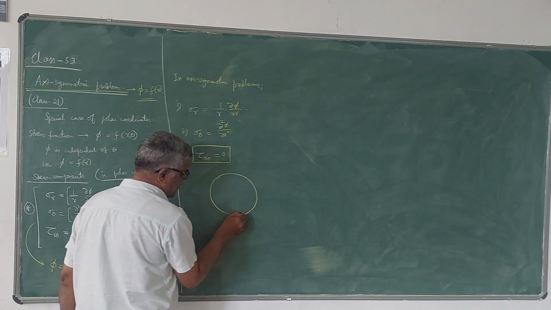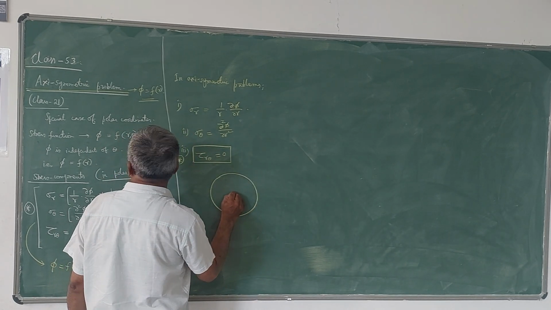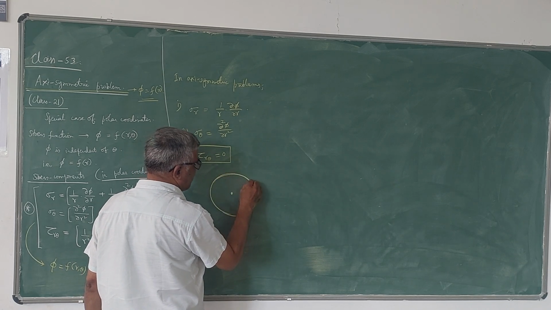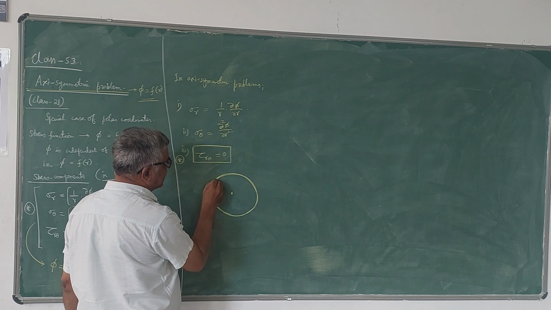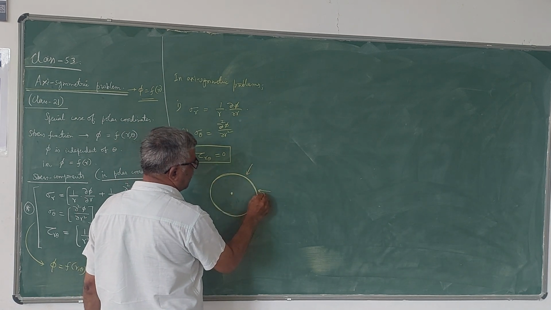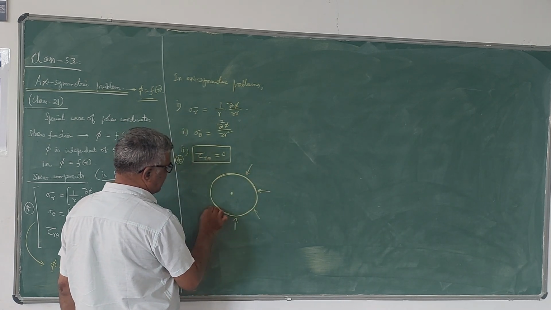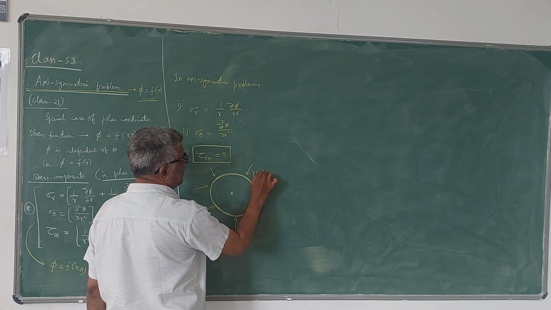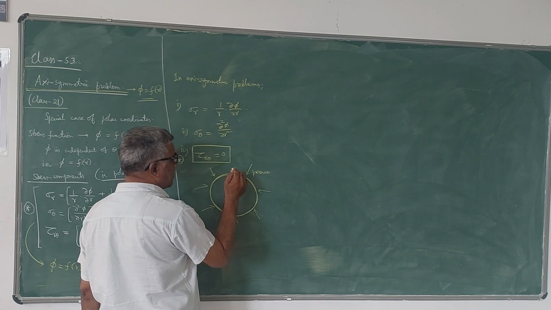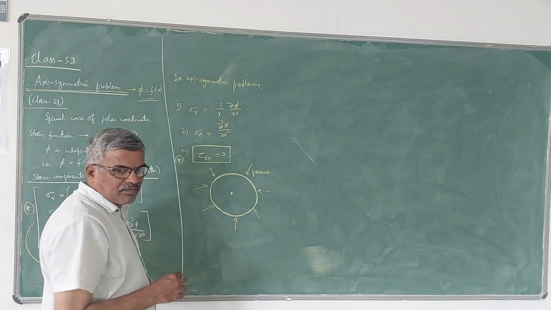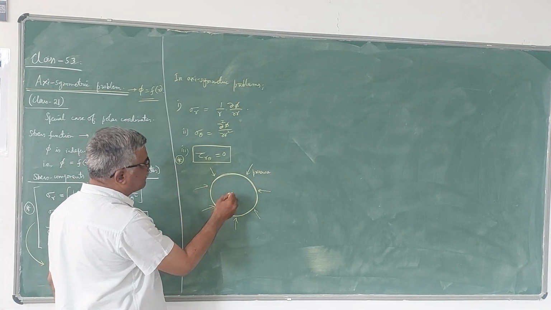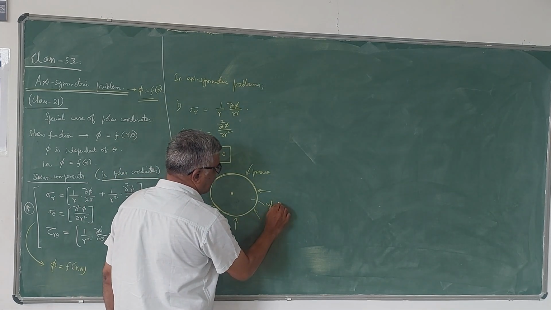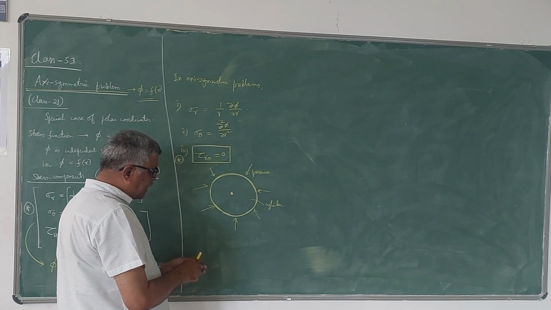Axi-symmetric problems, I will also now give an example. I have explained this in that video, class 17, 21 video. Suppose you take a cylinder here. It is subjected to equal uniform pressure like this, from outside as well as from inside also. So this is an example for an axi-symmetric problem.